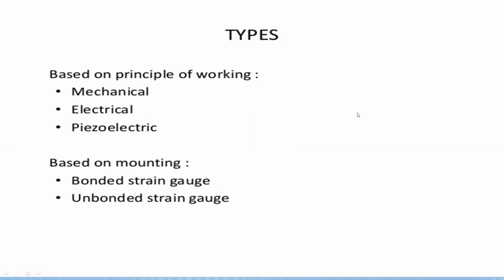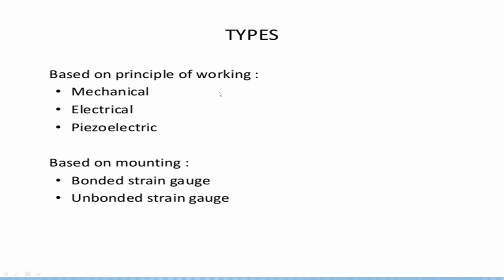So coming to today's topic, what are the different types of strain gauges? Based on the principle of working, there are different methods of classifying them. One of the methods is based upon the principle of working.